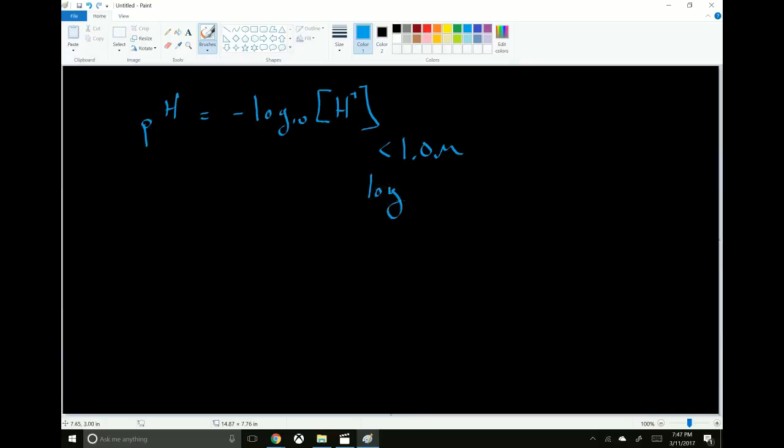Log of 0 is negative infinity. Log of 1 is 0. So any number between 0 and 1, the logarithm of that number is going to be a negative number. So because our concentrations are usually between 0 and 1, we just throw a negative sign in there. It makes it a positive number, which is a lot easier to deal with.